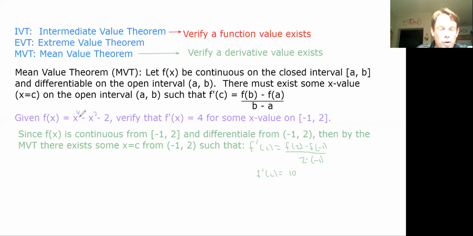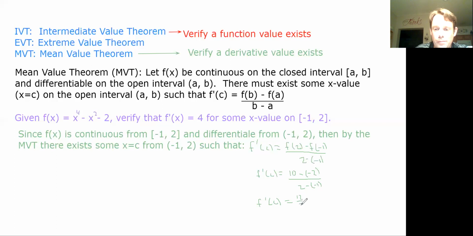And if I plug -1 in there, I get 1 minus 1 minus 2, so minus a -2. I had a little arithmetic mistake in my head there. I was going, wait a second. All right, and f prime of c, that would be 10 minus -2 is 12 over 3.